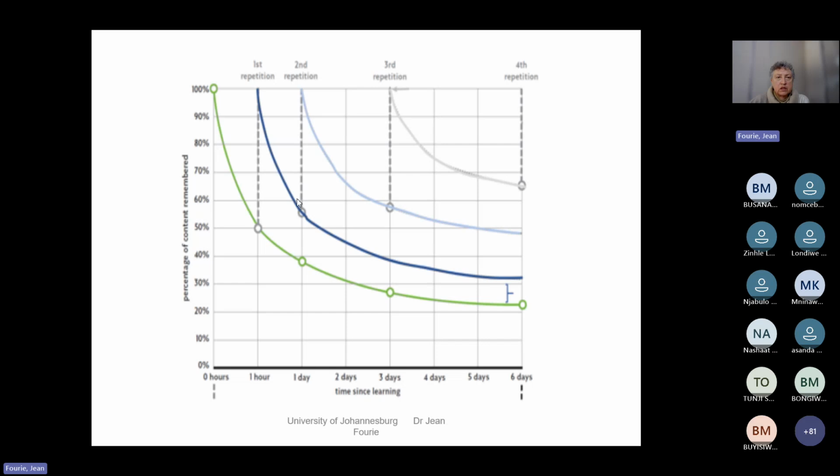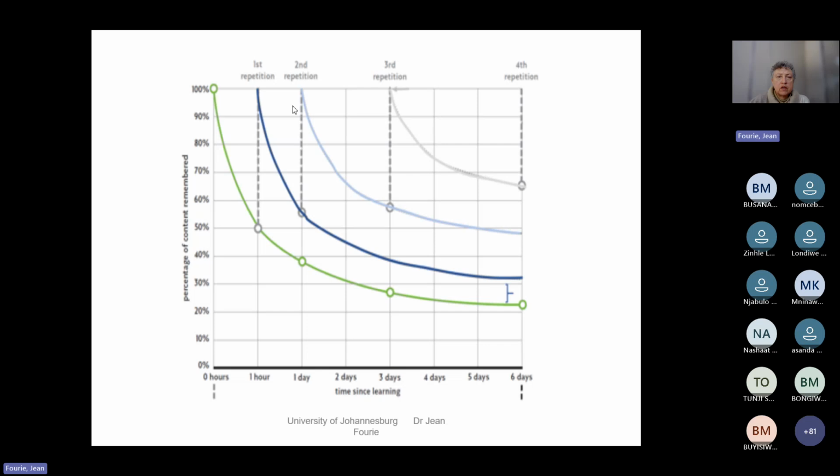And decay occurs, but the difference in decay is slightly less. The person is then asked to do a second repetition of the information on day 1. So we go back to presenting all of the information again, a second repetition a day later.